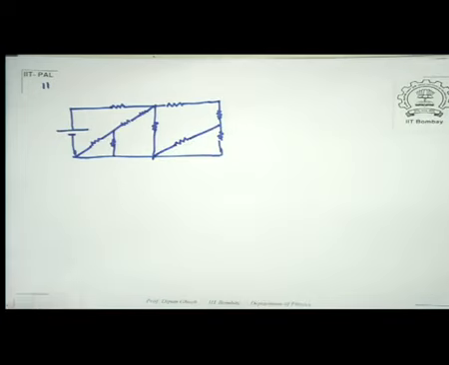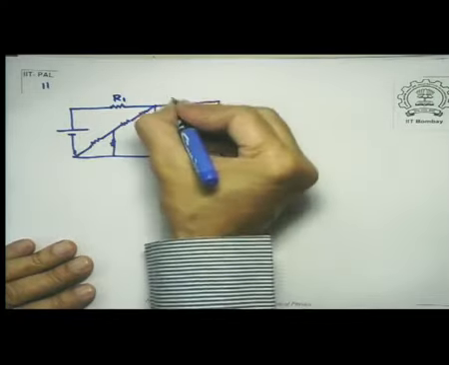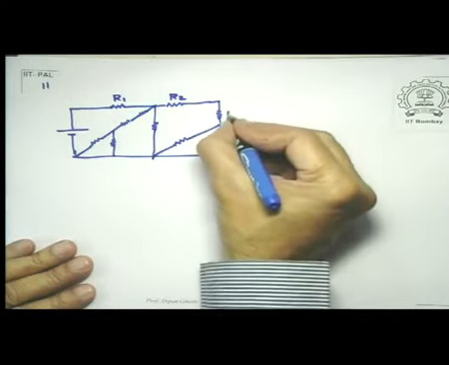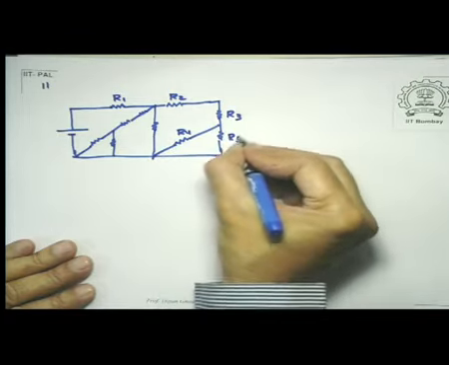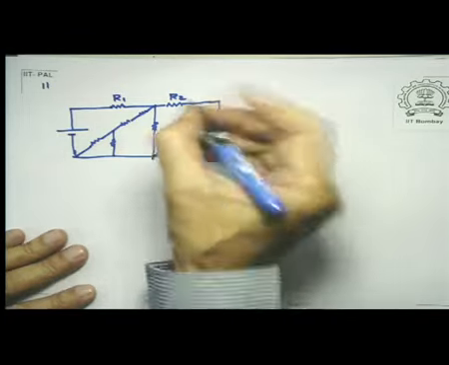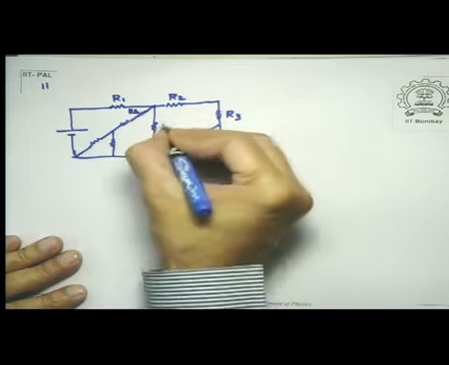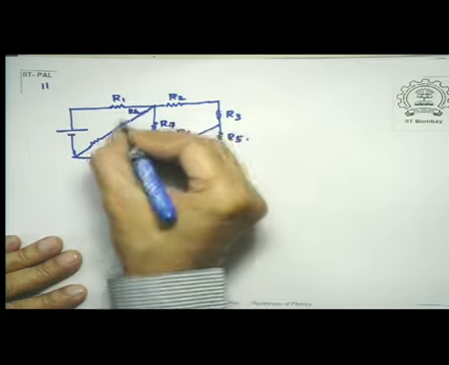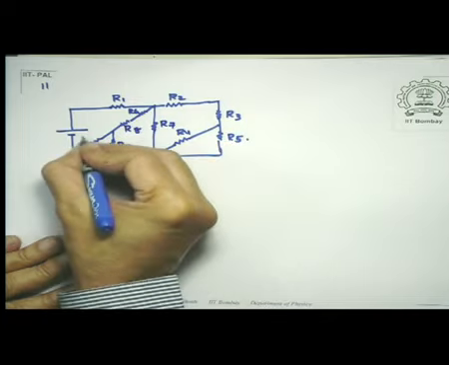Look, there are too many of them. Well, let us number them. This is R1, this is R2, this is R3, this is R4, this is R5. Let us call this R6, R7, R8, R9 and R10.